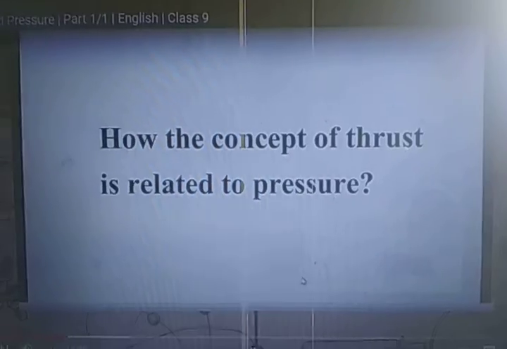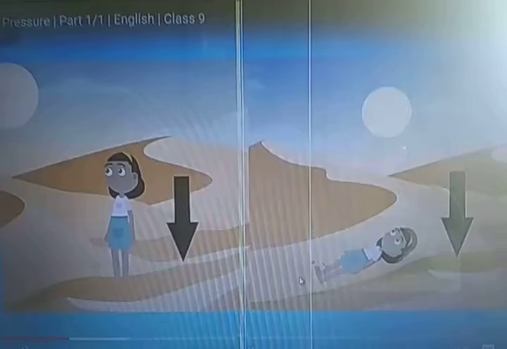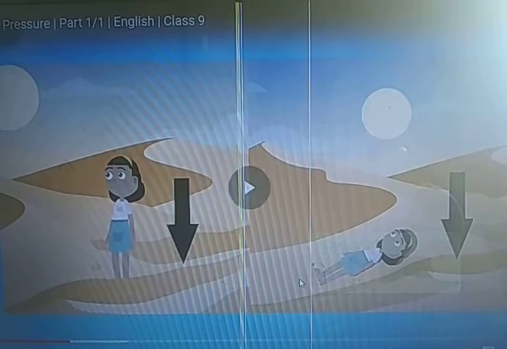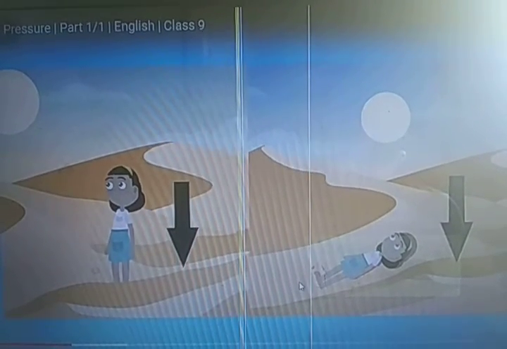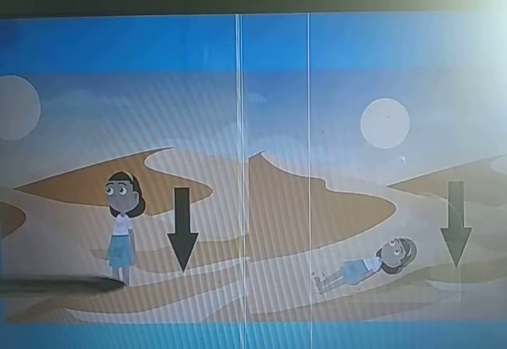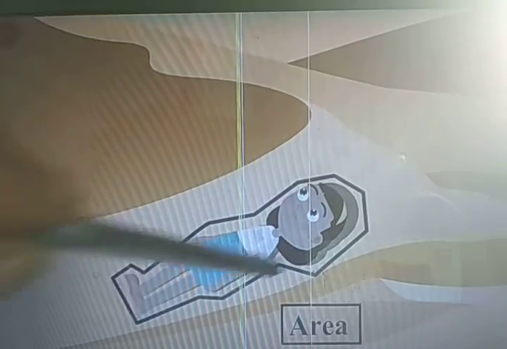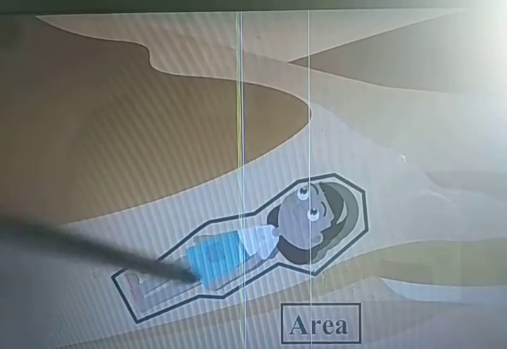To understand the concept more, we'll take another example. If you compare the thrust between these two girls, the first girl who is standing sinks because the area is small here. When she's walking, the feet sink because the area is very small. On the contrary, if she lies down, the area becomes big and she does not sink.